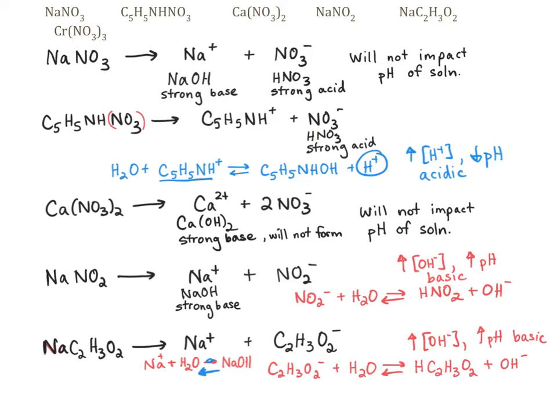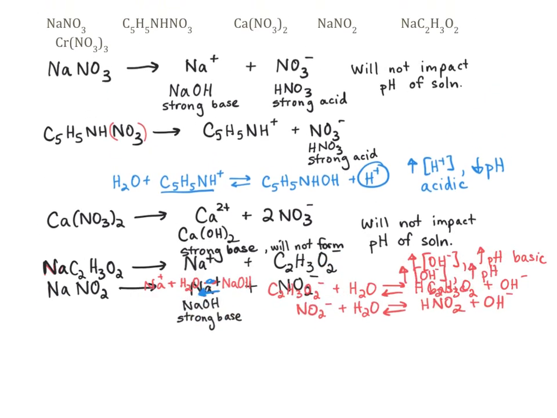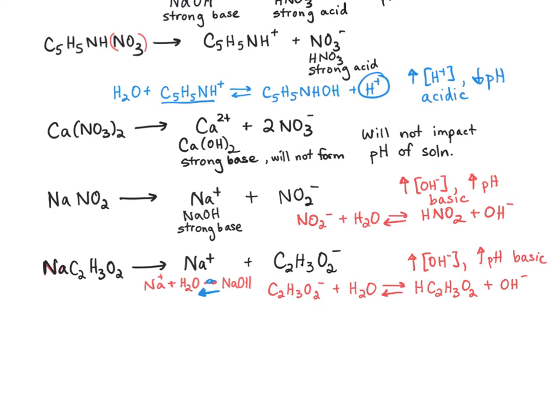I think we got just one more example. Chromium nitrate is our last example here. Let's look at that one. So this one, our salt is Cr(NO3)3.